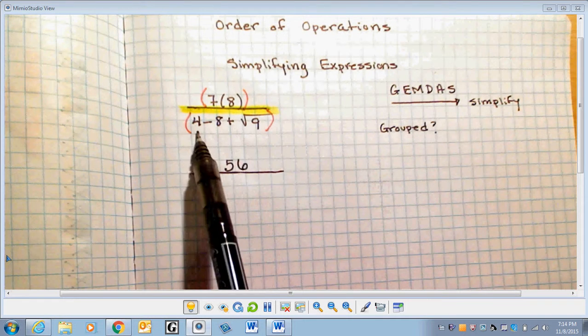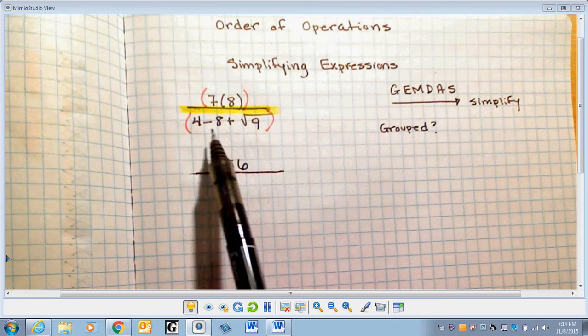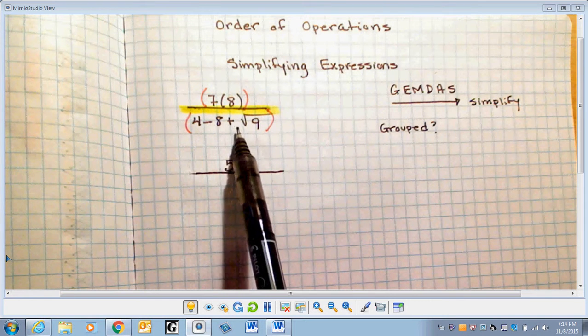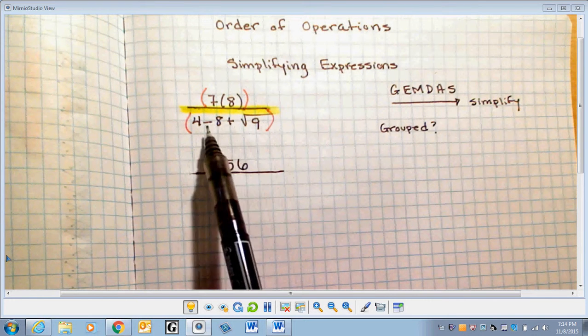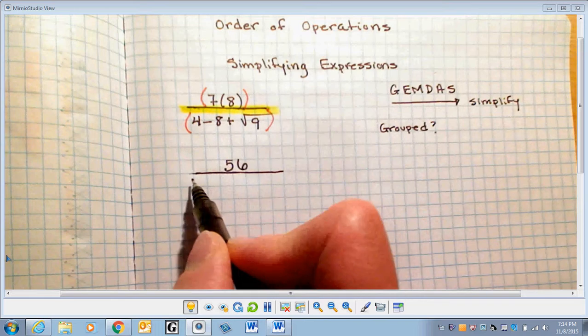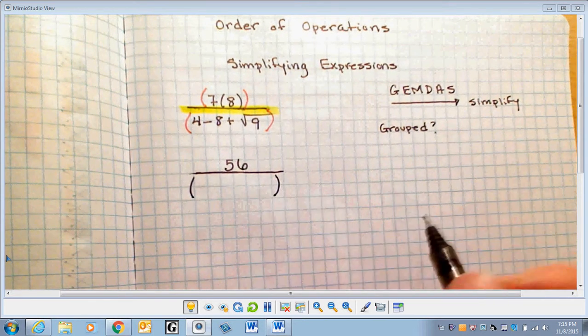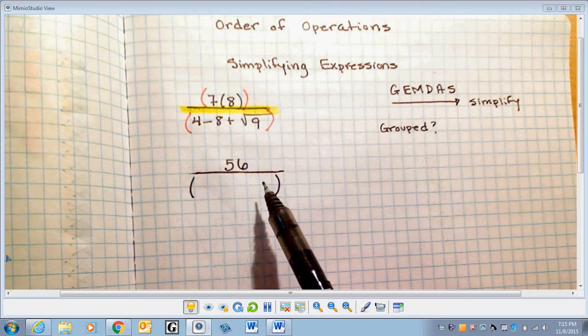Now, when I look down here in my denominator in that grouping, I have subtraction, addition, a square root. I have a lot going on in there. So I'm going to look a little more closely at my denominator. I'm going to put my grouping, which in this case happens to be my parentheses.